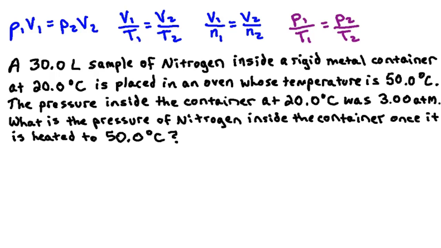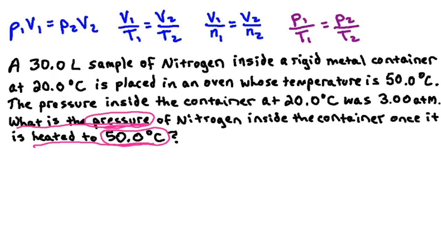So what is this question asking? Let's go to the end of the question where it has the question mark, and it says, what is the pressure of nitrogen inside the container once it is heated to 50 degrees Celsius? So this is our second temperature.